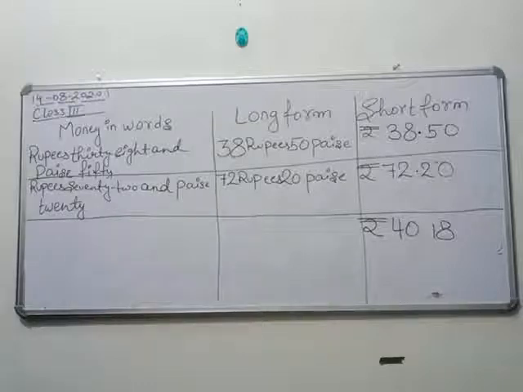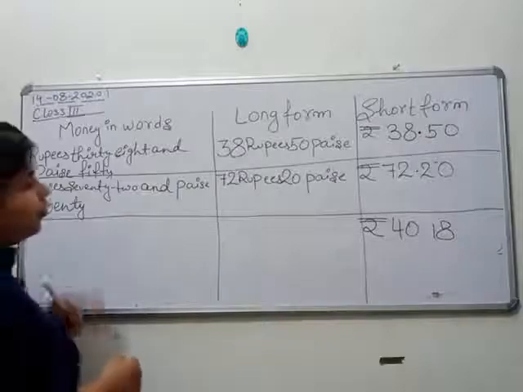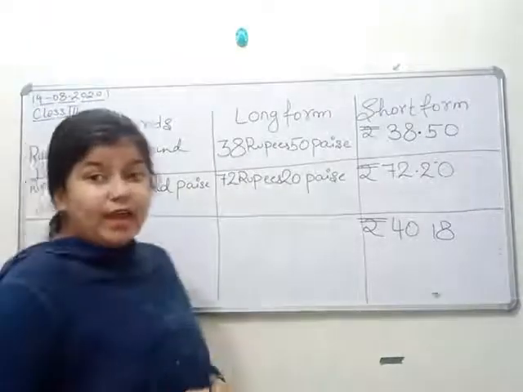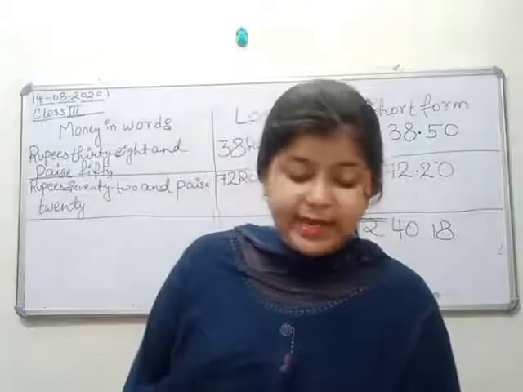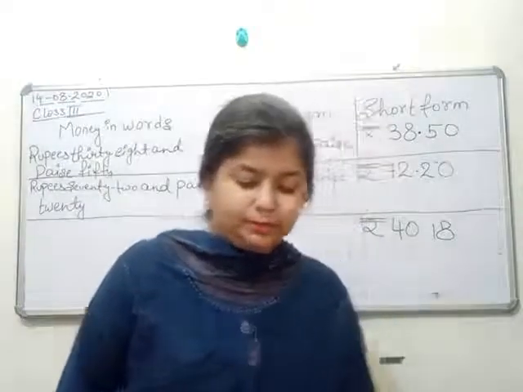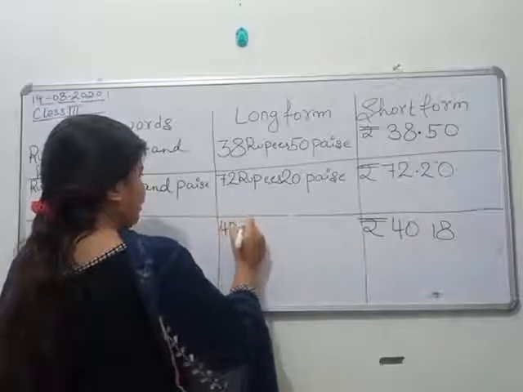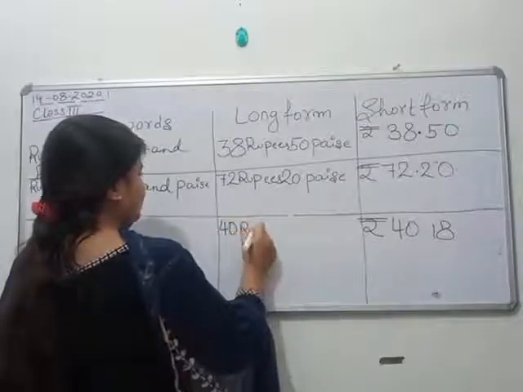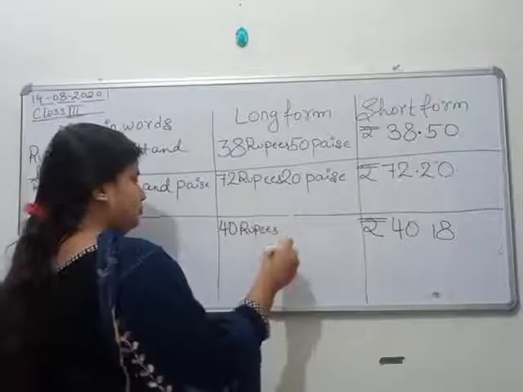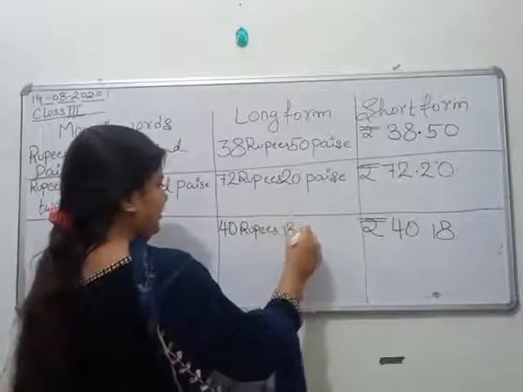Okay, let us do it. So here we are having 40 rupees and 18 paise. So the answer will be 40 rupees and 18 paise in long form.